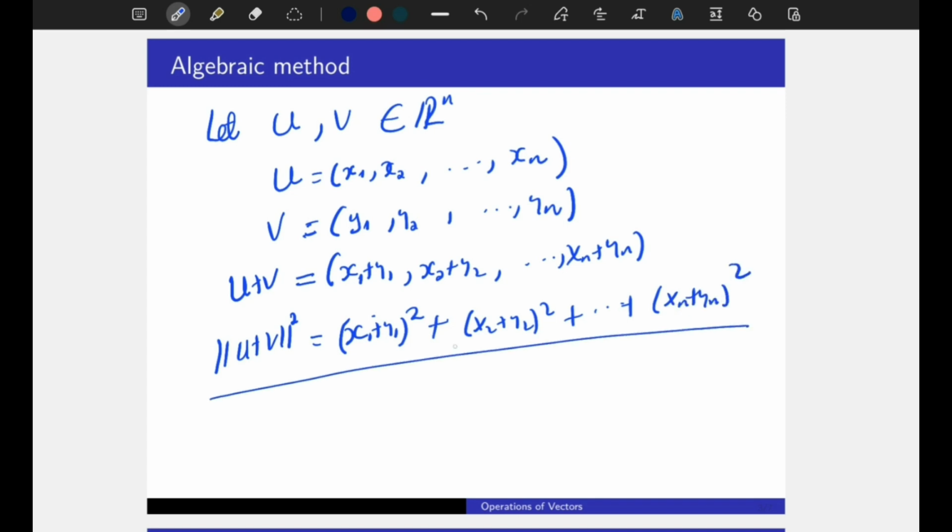So this is the way you get the magnitude of the sum of the two vectors using the algebraic method, or the component wise method.